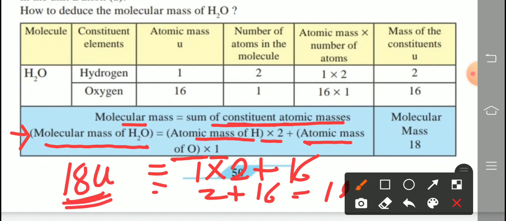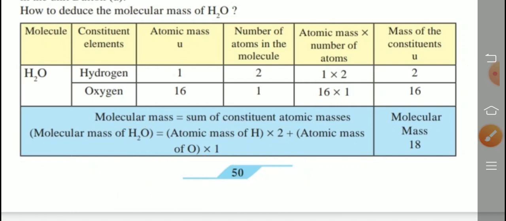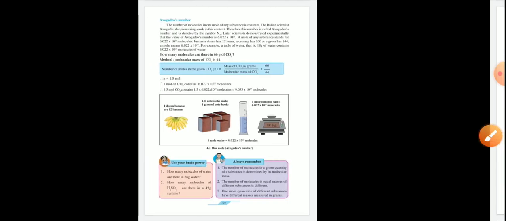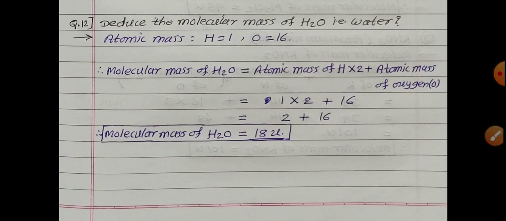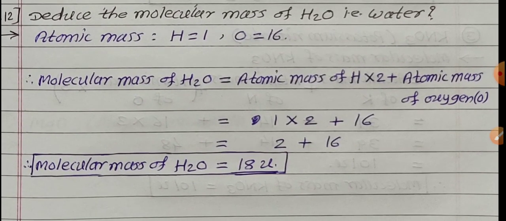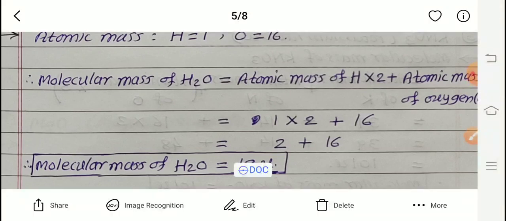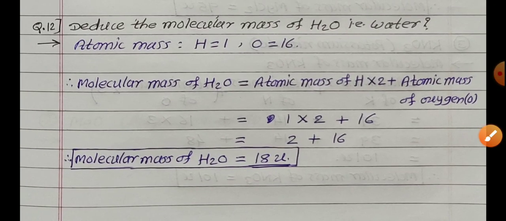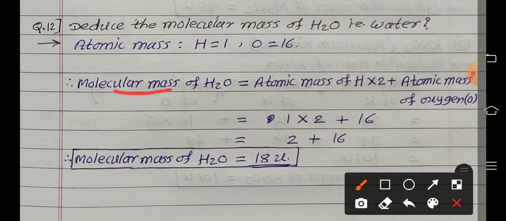Because molecular mass is measured in the unit Dalton. I will show this answer again on one paper. See there. Atomic masses of hydrogen and oxygen are given. So molecular mass of H2O is equal to atomic mass of hydrogen multiplied by 2 plus atomic mass of oxygen.